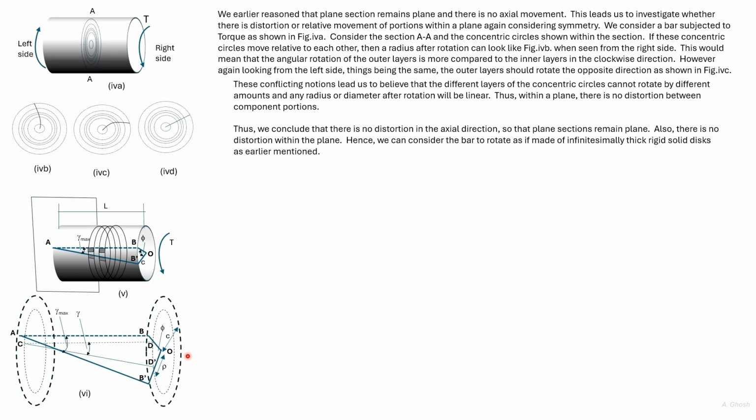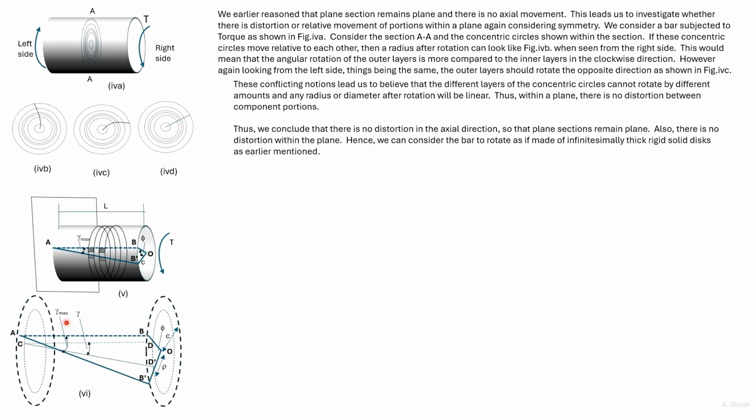If we had taken a concentric circle of a smaller radius, then gamma would be still smaller. So we can see that at O, gamma would be 0, and it will keep on increasing till we reach the outer edge.